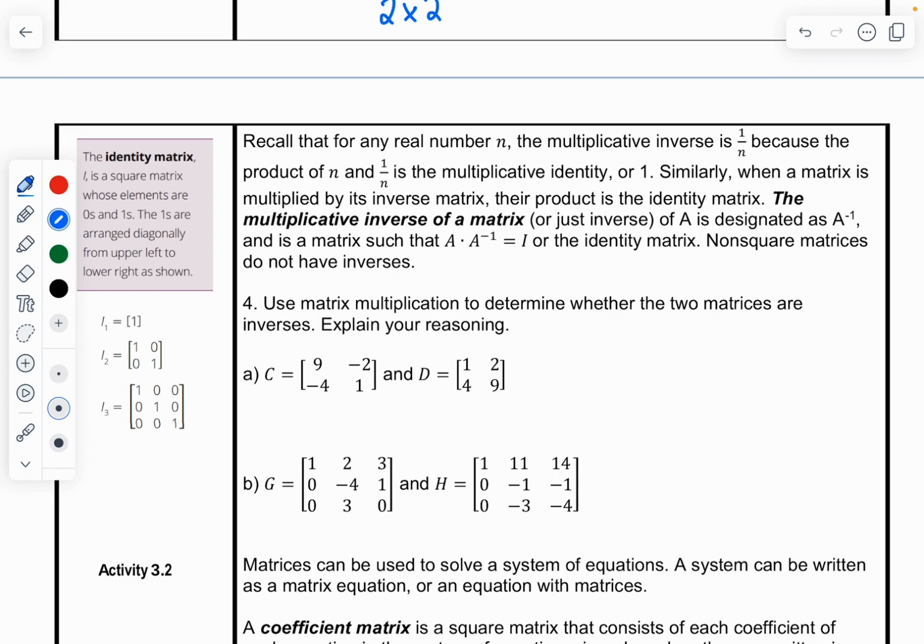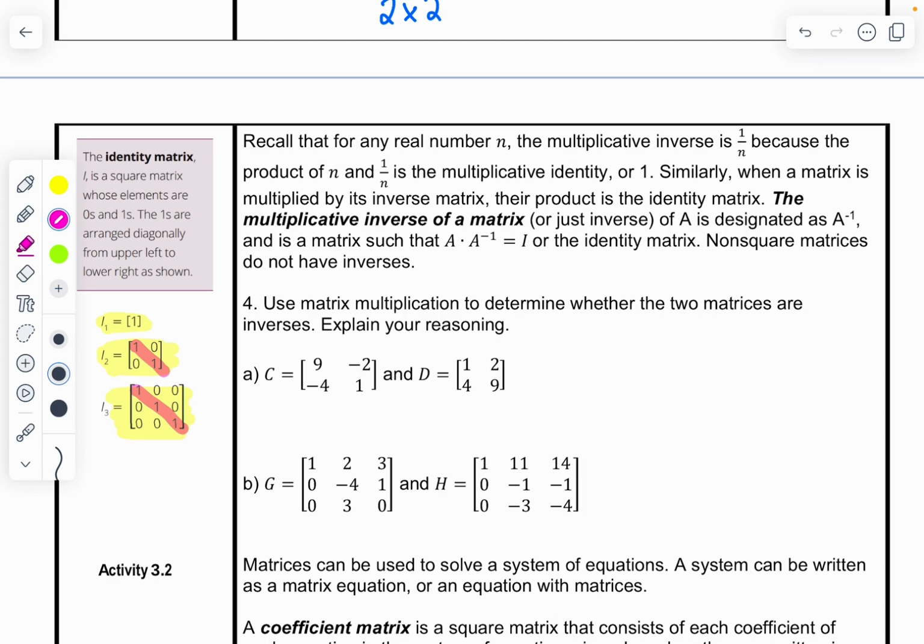And depending on the size of the matrix, that determines what the identity matrix is going to look like. So, in this case, if it's a 1 by 1, it's just 1. If it's a 2 by 2, it's 1, 0, 0, 1. If it's a 3 by 3, it's 1, 0, 0, 0, 1, 0, and 0, 0, 1. Essentially, ones are going down the diagonal, okay?